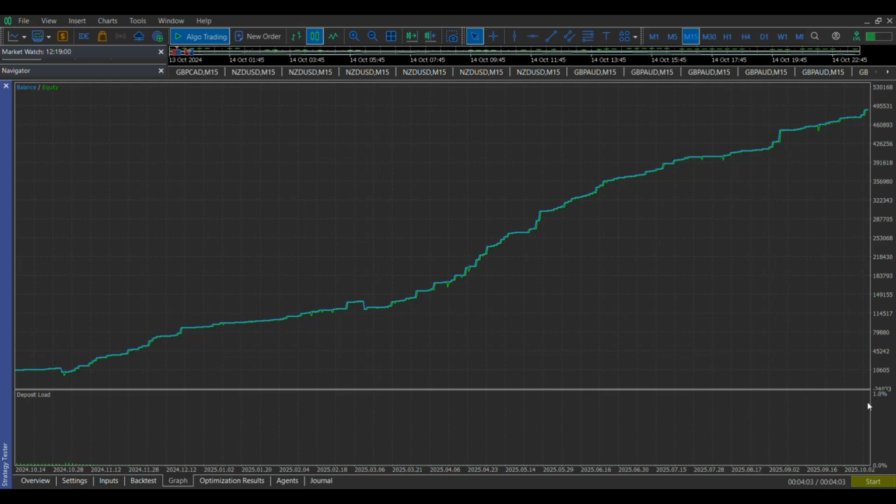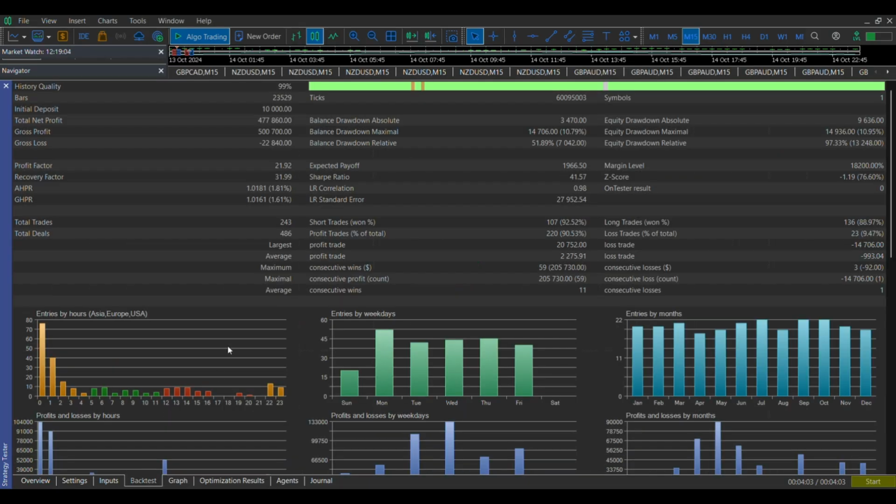Now the backtesting is completed. Let's move to the backtest results. As you can see, the gross profit is 500K and the gross loss was just 22K and 800 USD.